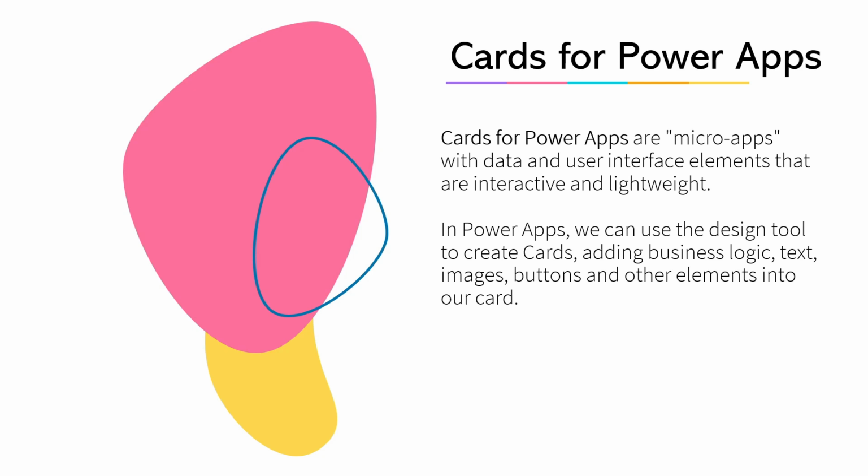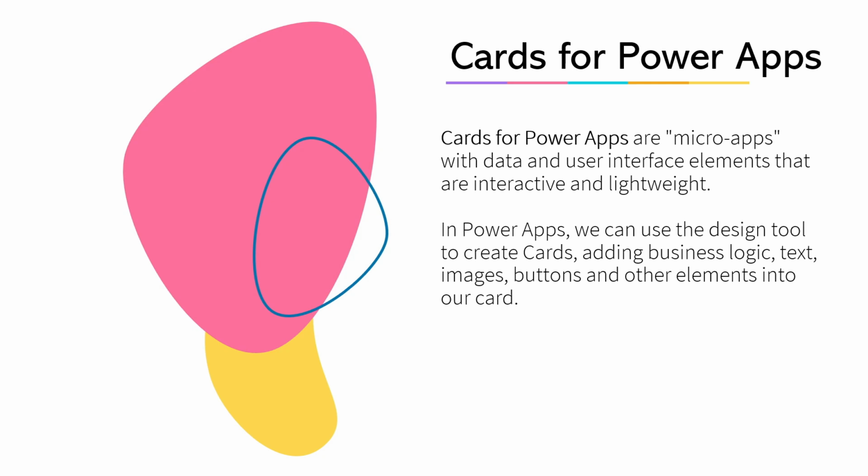So Cards for Power Apps was born to reduce this limitation, and one of its purposes is to improve the communication. So we can say that Cards for Power Apps are like micro apps.